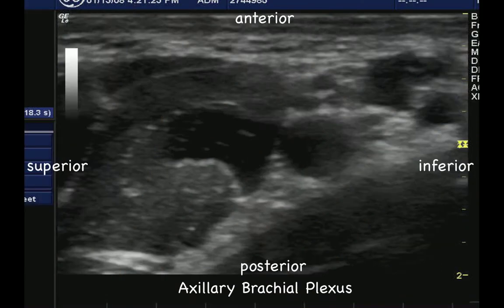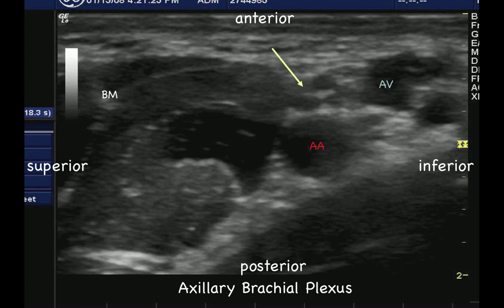This is a JPEG image of the schematic you just saw. Subsequently, we still have the same orientation, superior to the left and inferior to the right. In the middle, you have the large body of the biceps muscle. You see the axillary artery in the middle of the screen. Immediately inferior and a little bit anterior to that, the axillary vein.